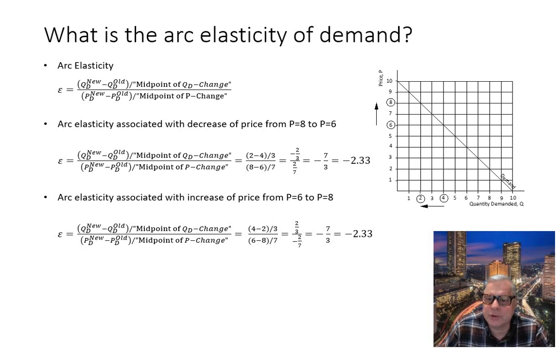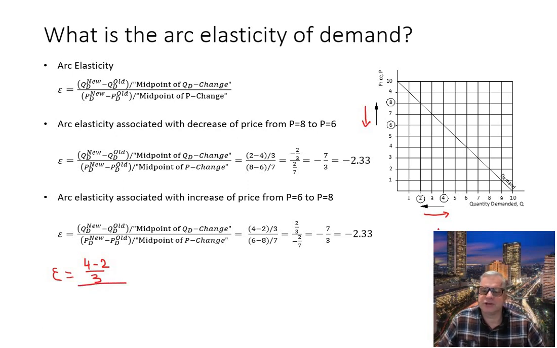So if we go back again, now assume we lower the price. So if we lower the price, the elasticity is the relative change in quantity demanded. The new value is 4, the old value was 2, over the midpoint, 3.